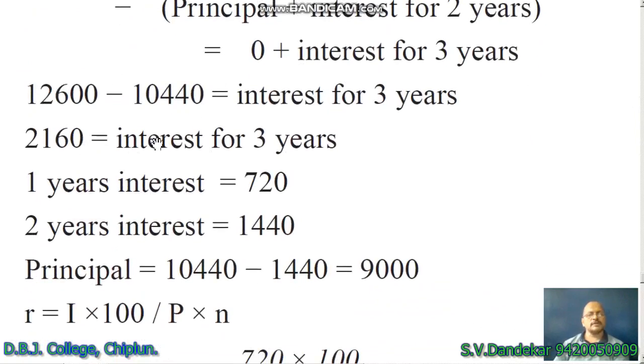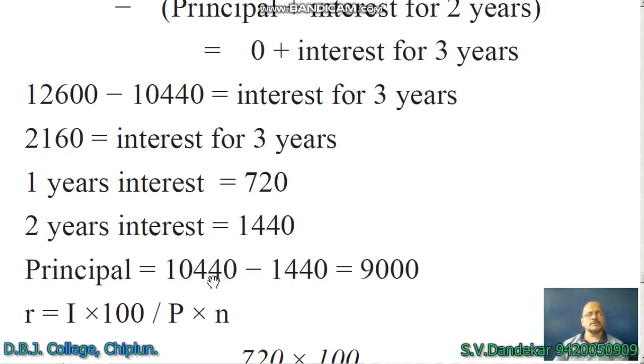So interest for 3 years is 2,160, divided by 3 to get 1 year interest. 1 year interest is 720, and therefore 2 years interest is 1,440, double of this. So principal is equal to 10,440 minus 1,440, it is equal to 9,000.